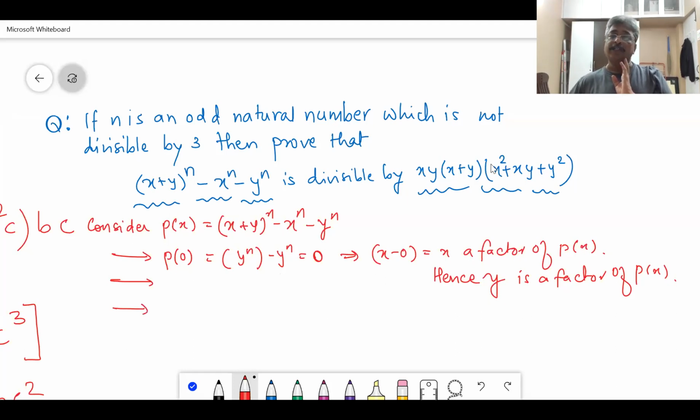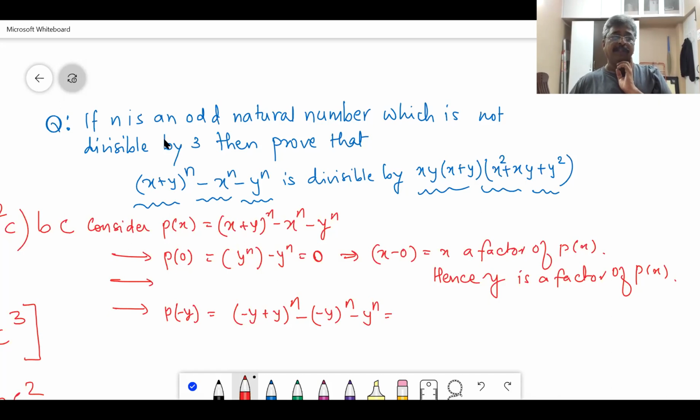Okay, now you want x plus y is a factor. Okay, so p of opposite of y is equal to, put x is equal to opposite of y, y plus y raised to n minus opposite of y raised to n minus y raised to n. First of all, this quantity is 0, so this is gone.